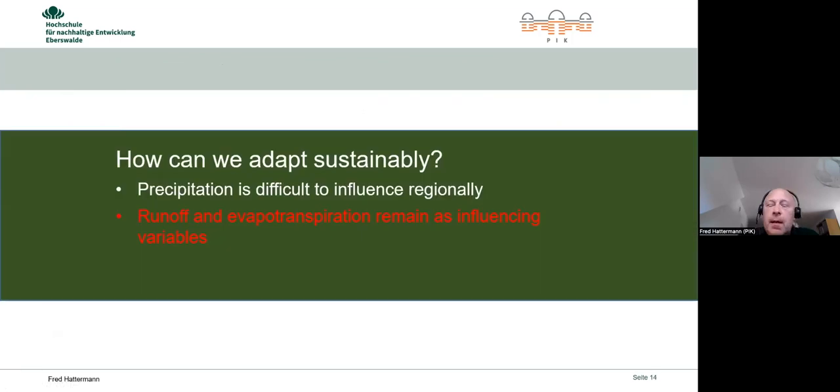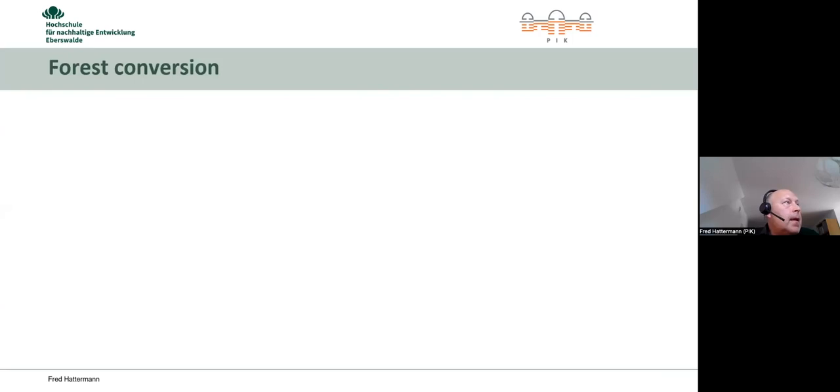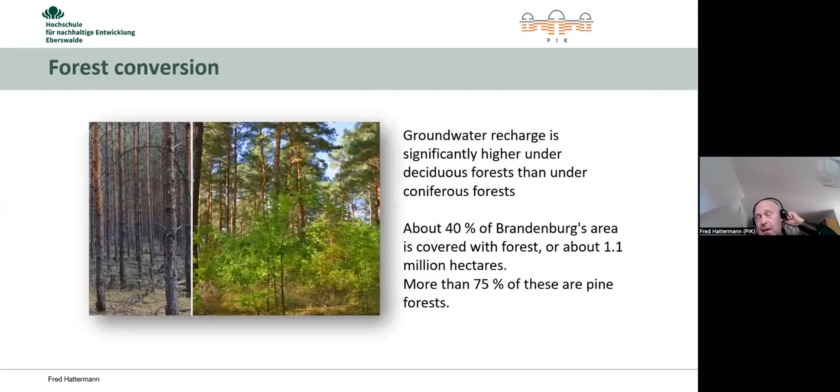So what else can we do? We can, of course, also influence evapotranspiration, and discharge runoff. And here, I think really a key actor again is vegetation, and with that, forest. And I think you have also heard about this forest conversion from pine tree to deciduous broadleaf trees.